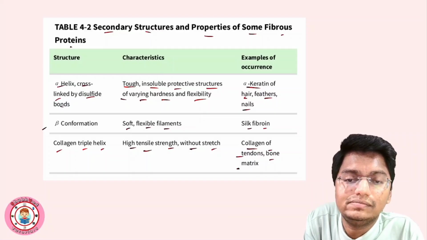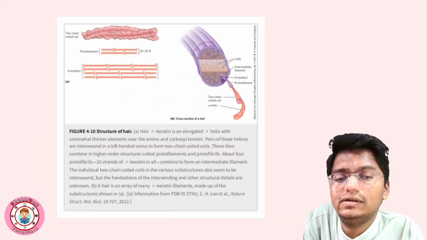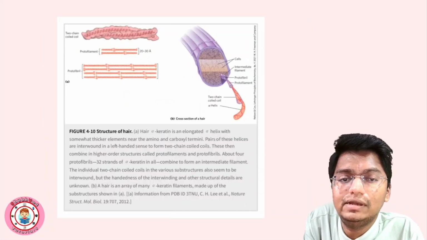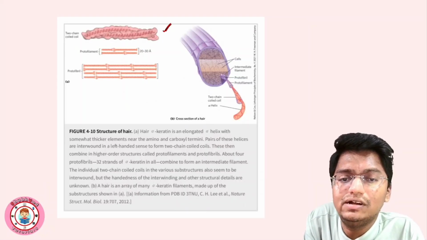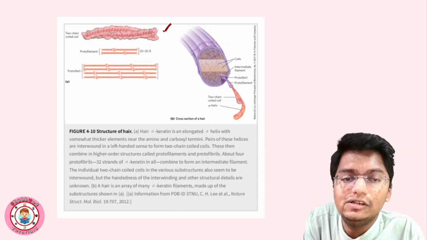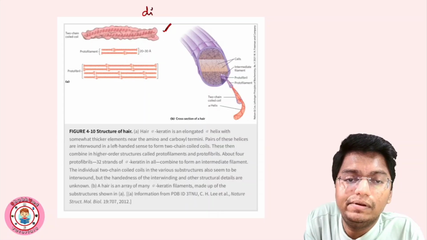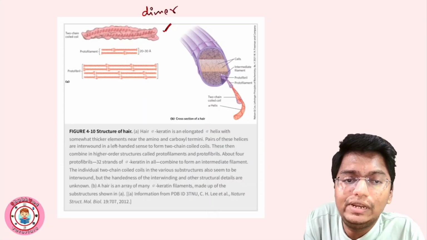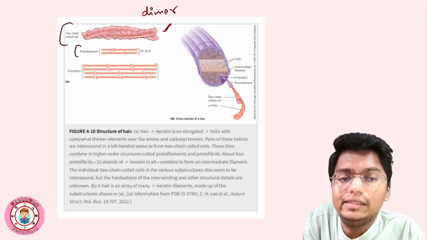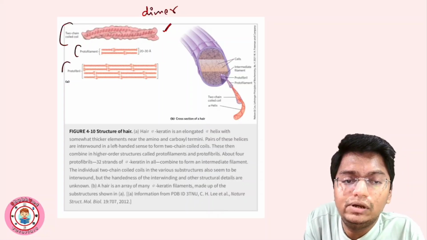matrix. So I will just show you the diagrams. So these are the two chains. Okay, this is the structure of alpha helix keratin, it is important. It has a dimer, these dimers come together to form protofilament, but this is a two chain coil structure, this comes together to form protofilament, and then protofilaments come together to form protofibril.